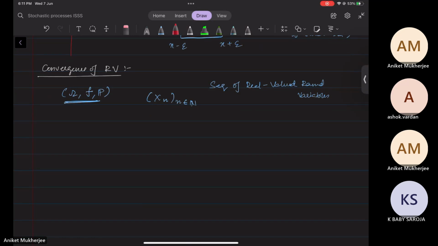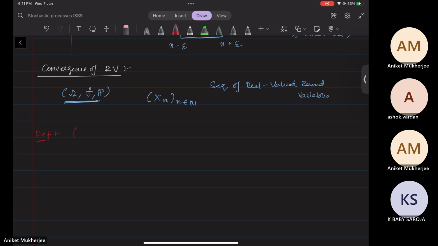So the first definition that we'll cover today is, so there are many notions of convergence in random variables because some notions of convergence are very strong, some are very weak. So depending on what kind of stuff you want to prove, we have different notions of convergence in random variables.